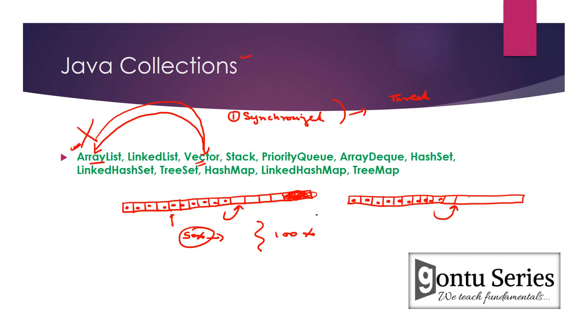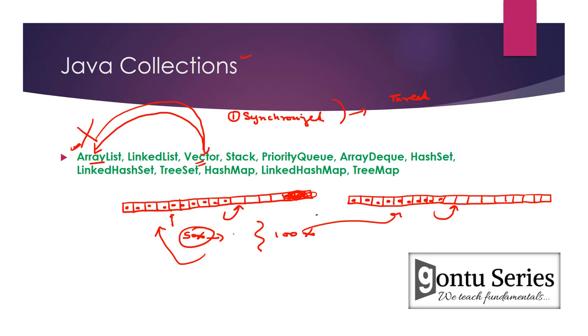So it's going to add space for 10 more elements. So a vector is always incremented by 100% when you try to add a new element after its capacity is filled up, whereas an ArrayList is incremented by 50%.